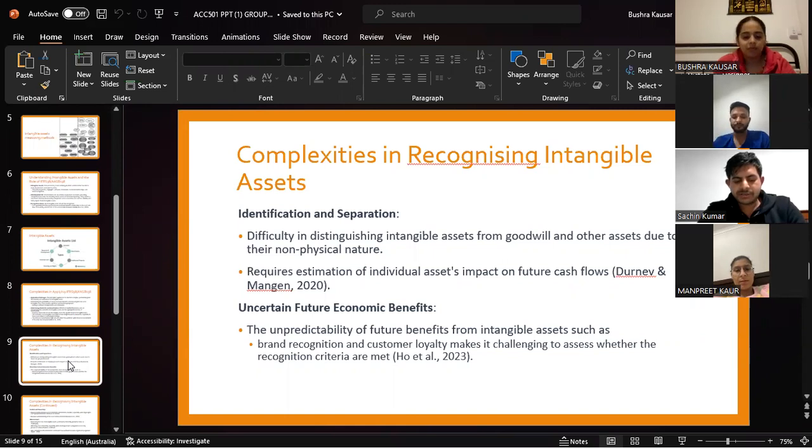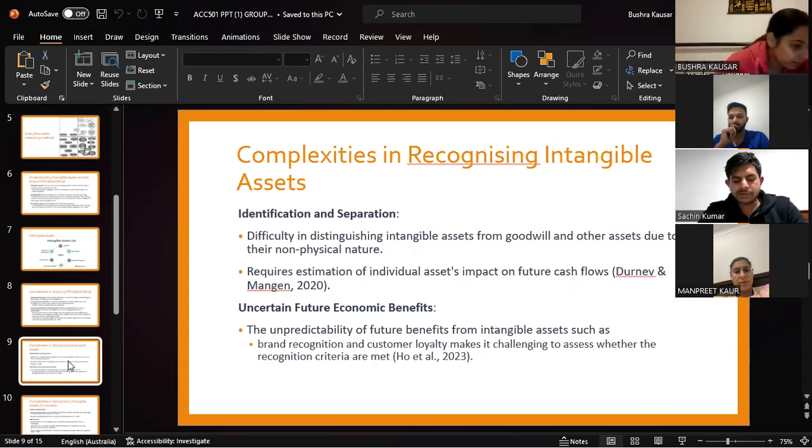IFRS 38 AASB 138 specifies that an intangible asset must only be recognized if it is probable that future economic benefits will flow to the entity, though prediction of those future benefits is often uncertain.